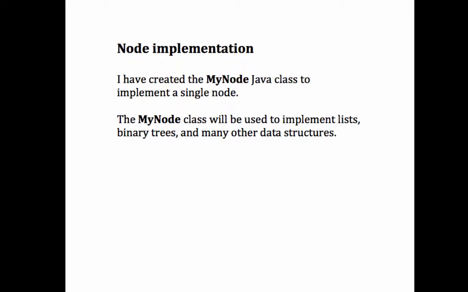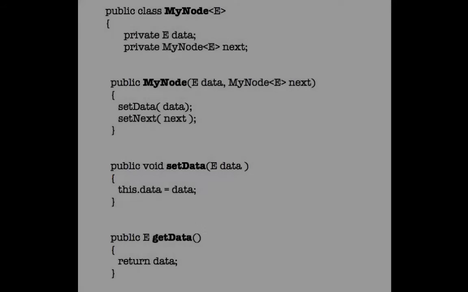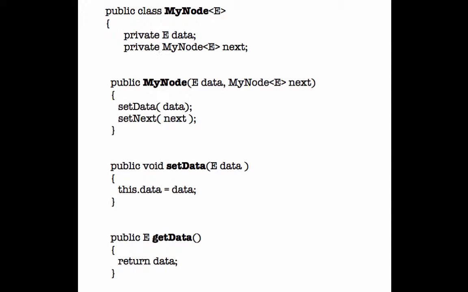So the myNode class will be used to implement linked lists, to implement binary trees, to implement stacks, queues, and many other data structures. What you see then is the implementation of this class, which is called myNode. And again, this is not the implementation of a linked list, this is the implementation of a single node in the linked list that I'm creating later on.